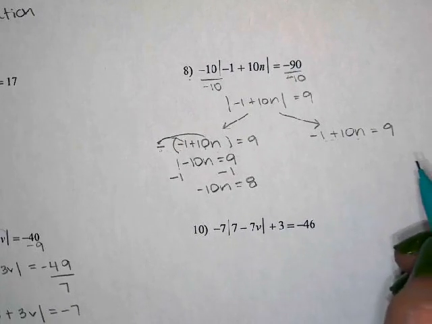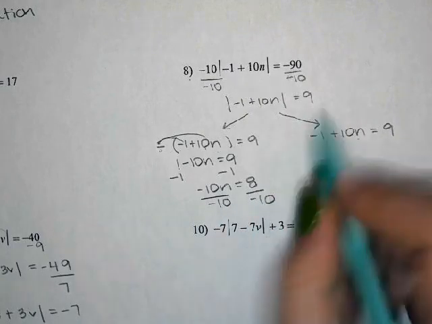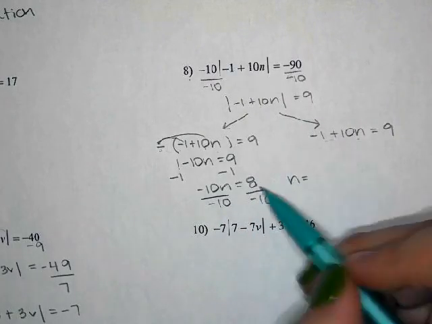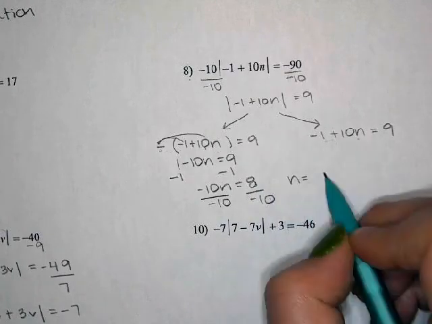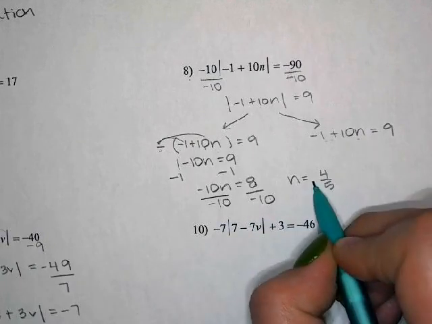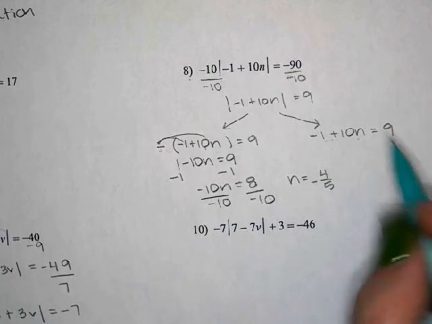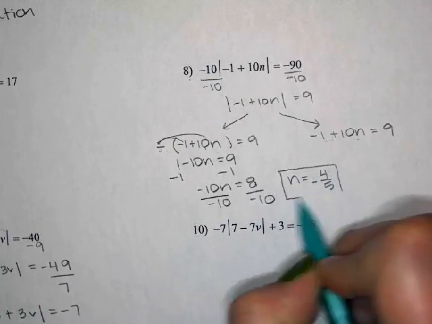And we can simplify that a little bit. 8 divided by 10, 4/5. And when you have the negative on the bottom of a fraction, people typically move it out to the front or they just move it to the top. So n equals -4/5. Okay? And then for the other one, what should we do?